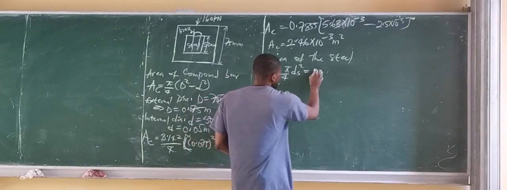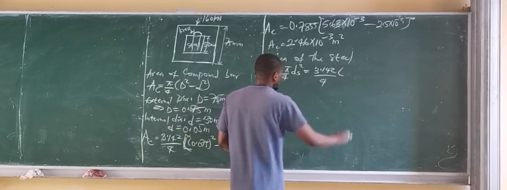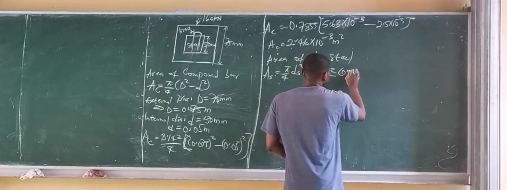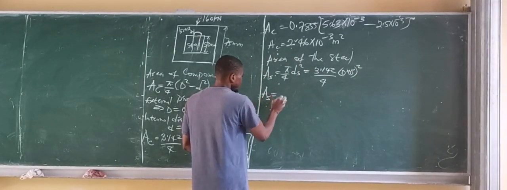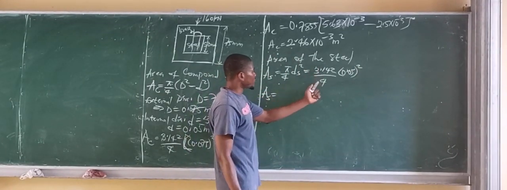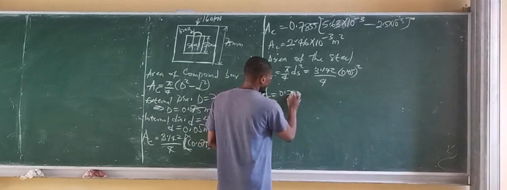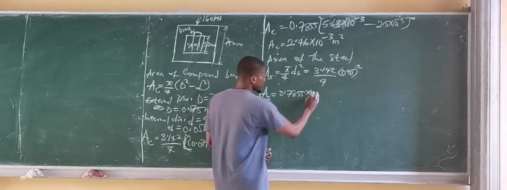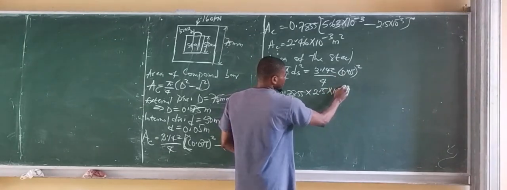That's equal to pi, 3.142, divided by 4, times the diameter of steel, given as 0.05, all squared. So the area of steel is 3.142 divided by 4, which is 0.7855, times the diameter squared, 0.05 squared, which is 2.5 times 10 to the power of minus 3.